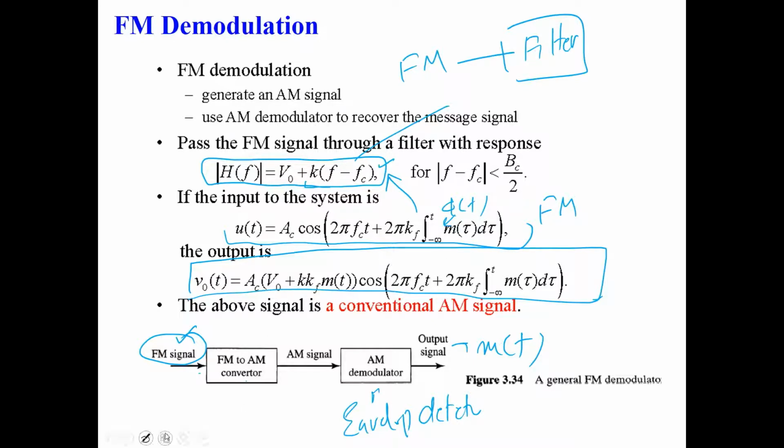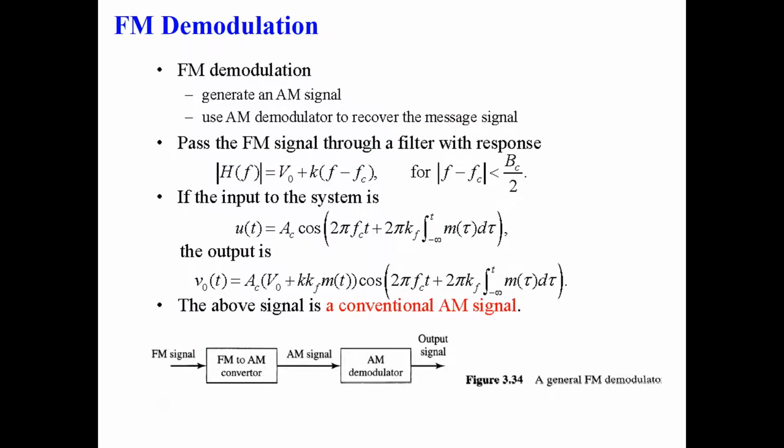Now if you look into this output signal, what is it? If finally you pass this output signal through a filter, again you can get only this thing, and this thing is actually what? This is your message signal, whose magnitude is being changed with this constant. So this is the conventional AM signal, if you remember, where the amplitude is changing according to the message signal.